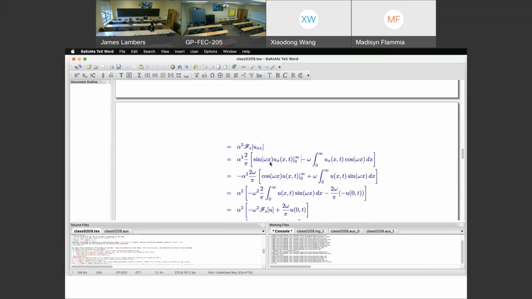And so what happens when I examine these boundary terms? Well, certainly as I substitute x equals 0, I'm going to get 0. But what about as x goes to infinity? Well, sine just oscillates forever and ever. So we do need an assumption that this will go to 0 as x goes to infinity for this boundary term to disappear. And then this is the integral that we're left with.